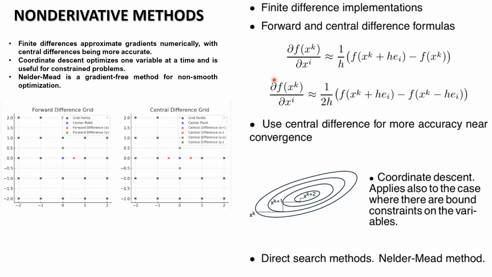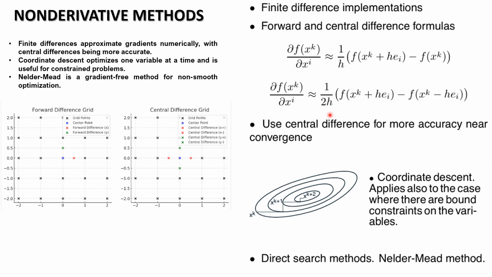We can tell this about the forward difference approximation: it uses a small step size, and here there's a unit vector in the i-th direction. This method estimates the derivative by taking a small step forward in the i-th direction, for example in the x direction or in the y direction here.